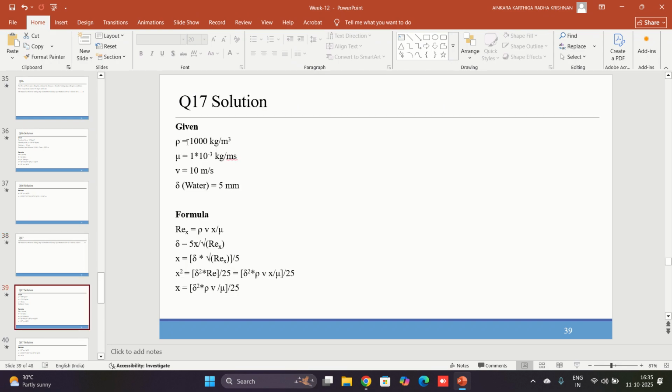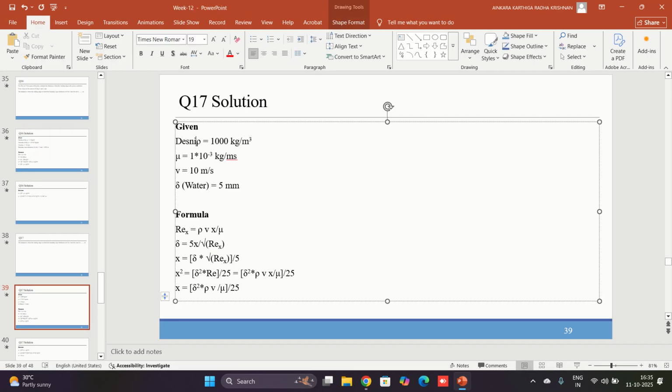So again, now the flow is water, so its density is 1000 kg per meter cube. The viscosity of water is 1 into 10 power minus 3 kg per meter second.